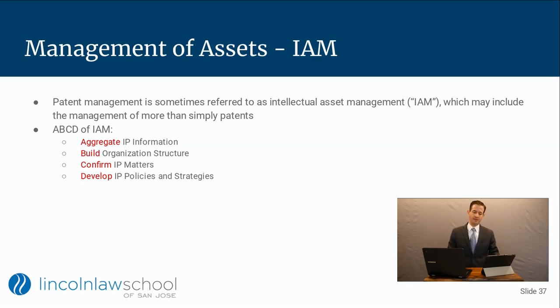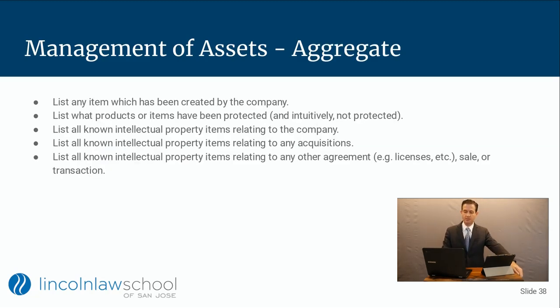So that's, again, looking at whether or not you're actually the owner, amongst other things. And then the 4th is to develop IP policies and strategies. So we're aggregating, we're building out, we're confirming, and then it allows us to develop these IP policies and strategies.